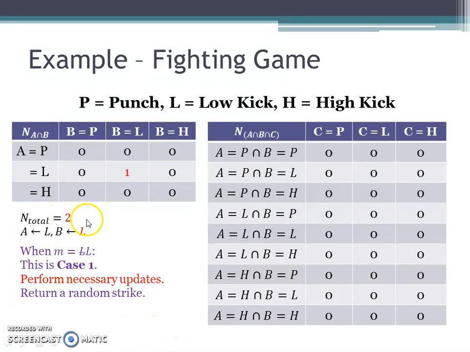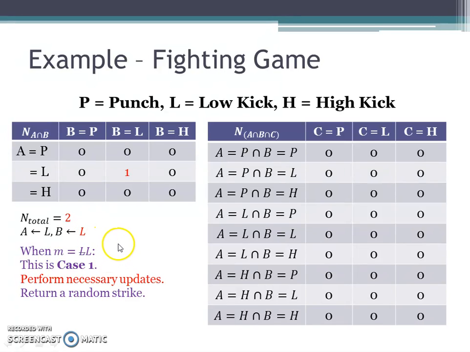When the user makes a second strike, and assuming that the second strike is also a low kick, notice that before this B was unknown, so this is still a case 1. To perform the necessary update, we assign B to L to store what we observe.